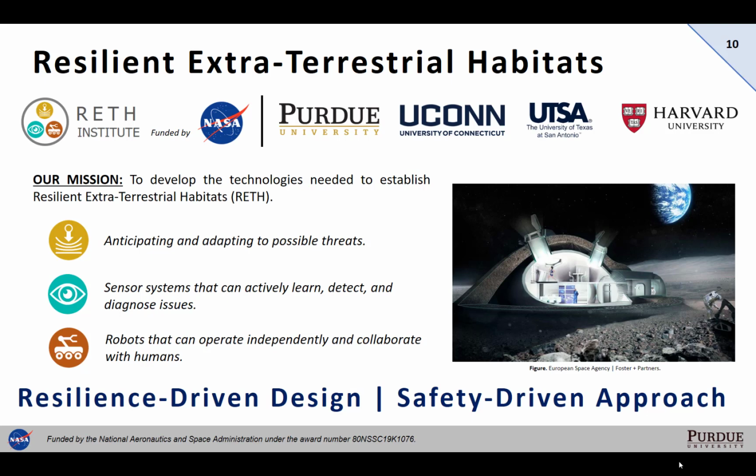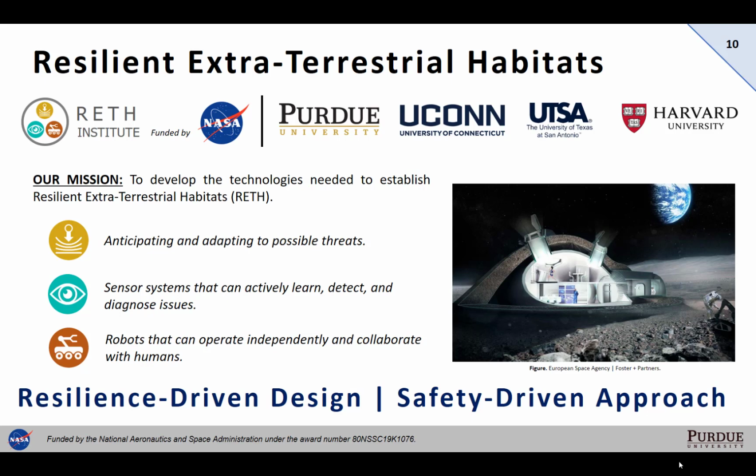And this is a project that has engineers and scientists from very different backgrounds, all to solve a complex problem that has to do with resilience. The RETH team has broken down the resilience-driven design into three main tasks. First, to design by anticipating and adapting to possible threats.